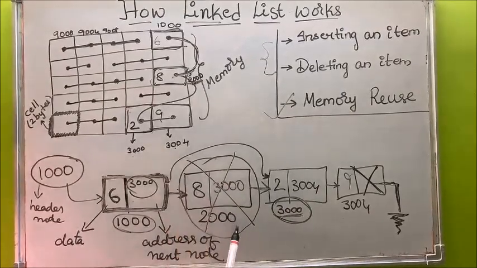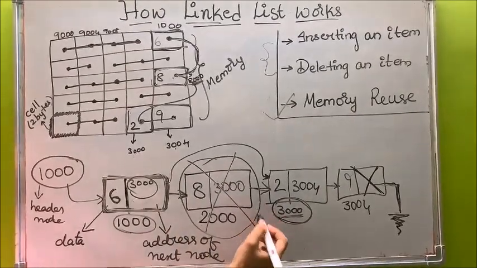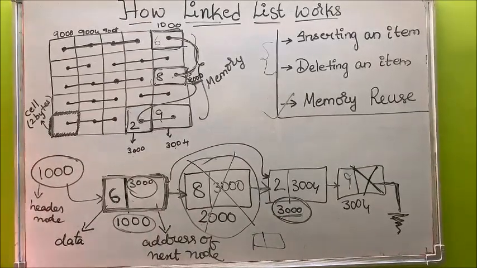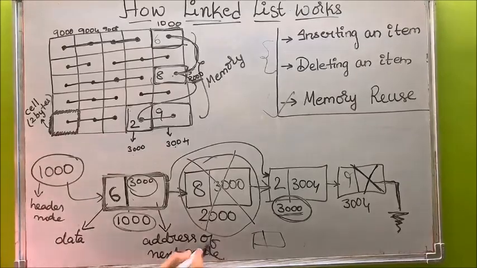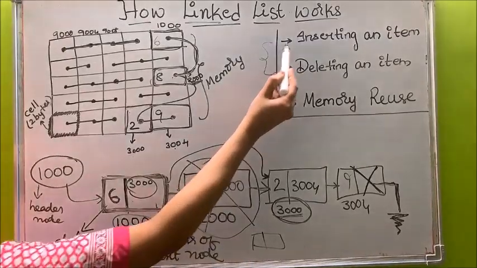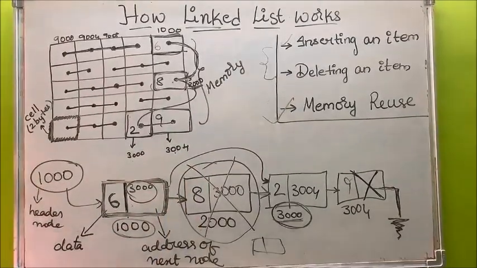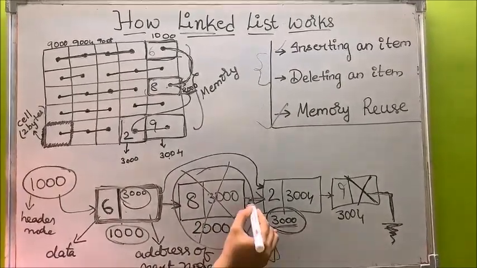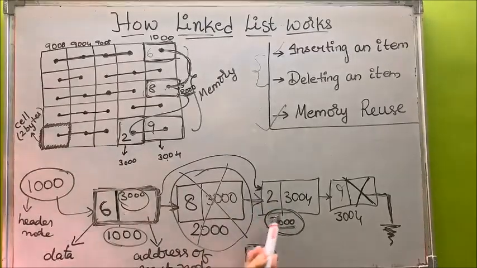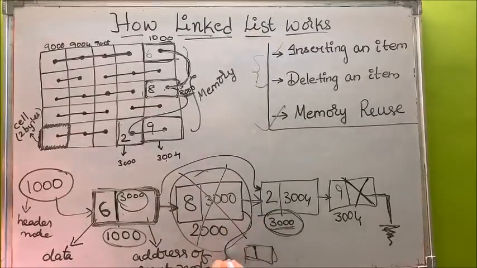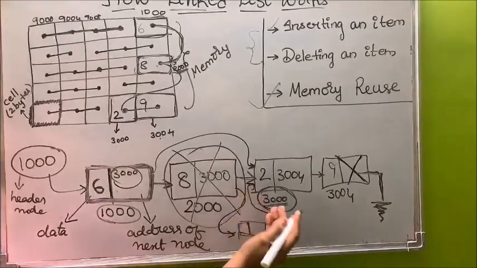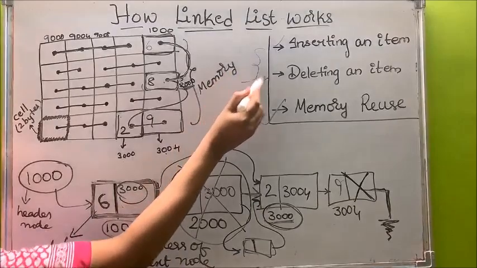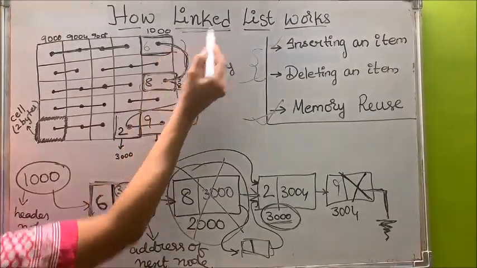And if you want to insert any element in between these two elements, this concept I will brief you in the next video, but just for the knowledge of time complexity issue I am telling, if you want to insert the element in between these two nodes, directly we will link the nodes. No need to shift all the elements to the right hand side. In this way all these three disadvantages are being overcome in the concept of linked lists.